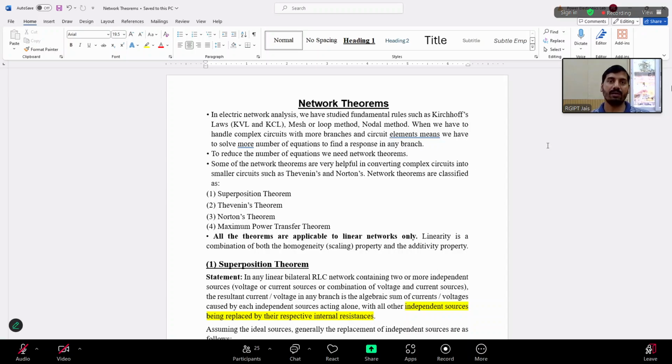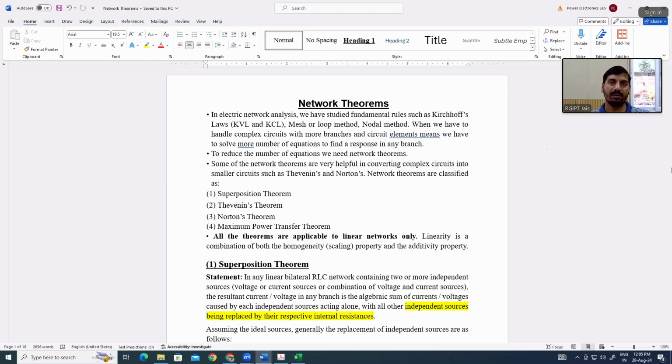So if the circuit is complex, we have to write several KVL and KCL equations based on the nodes and meshes, and that will be a tedious task to solve those equations and get the answer for the parameters, meaning current or voltage. Current in the loops, voltage at the nodes.